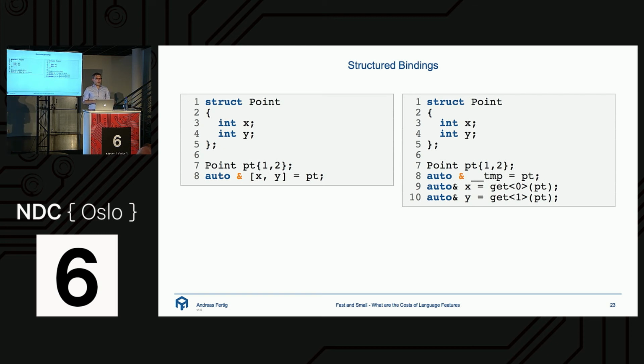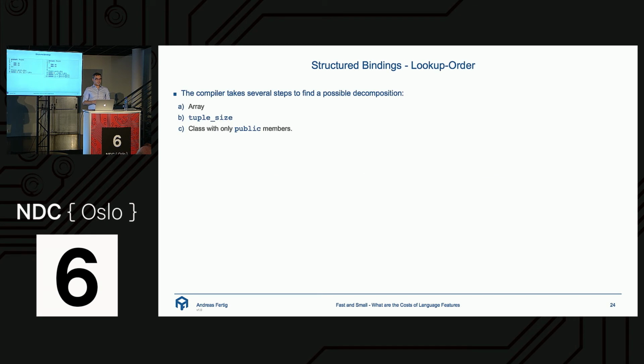So, how does the compiler do that? To find a decomposition, the compiler takes 3 steps. First, it checks if the object in question is an array. This is the simplest form. All elements are accessible by default, and the compiler knows their size and all the other things very well.